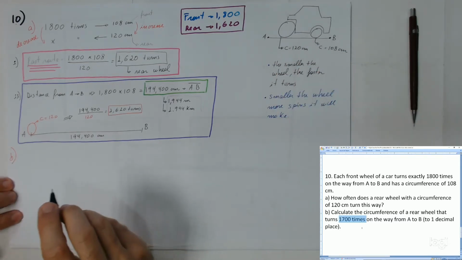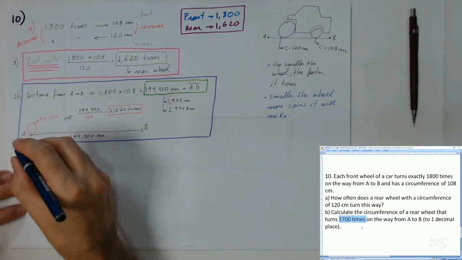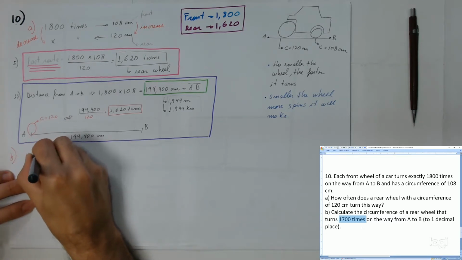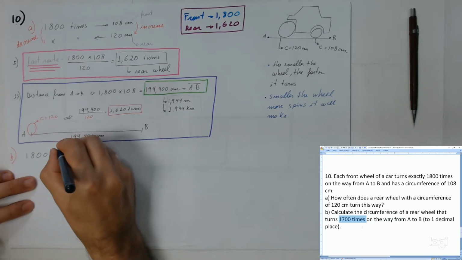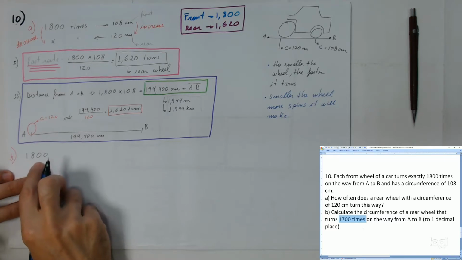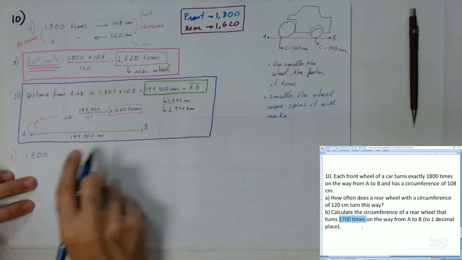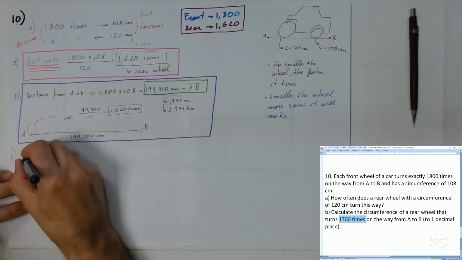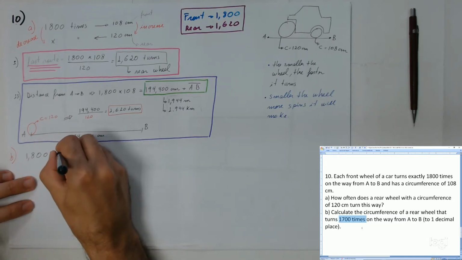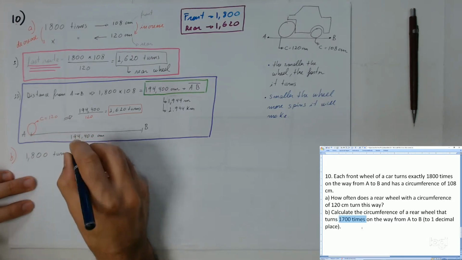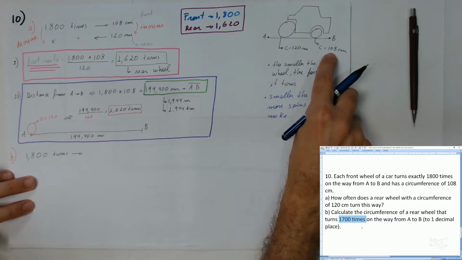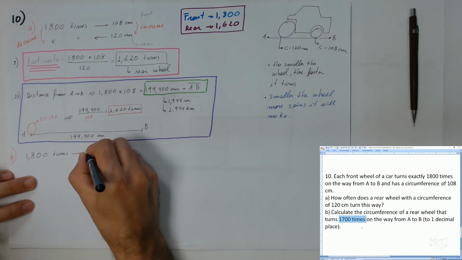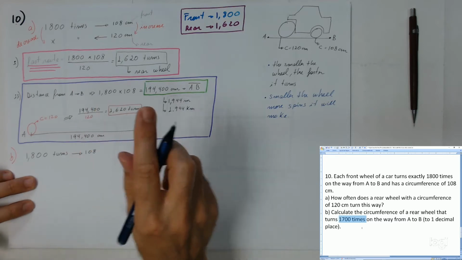Now we know that we have a reference, and we know that a wheel that turns on this path A to B 1,800 turns must have a circumference of 108. It is given to us right at the beginning.